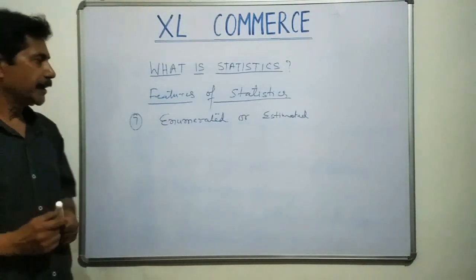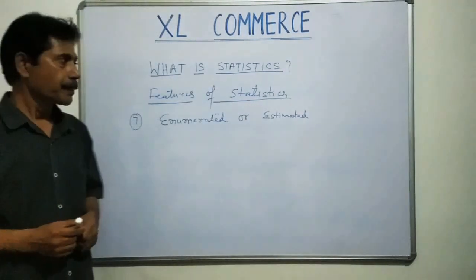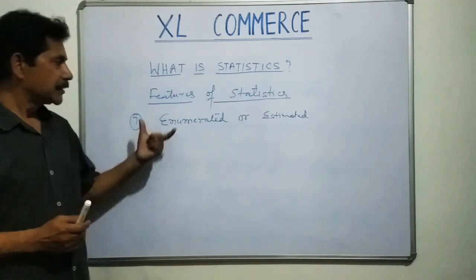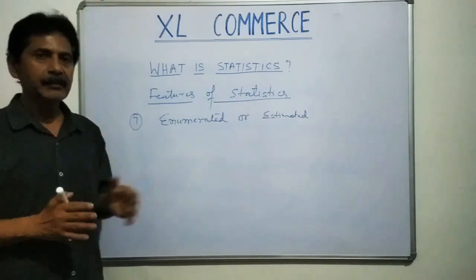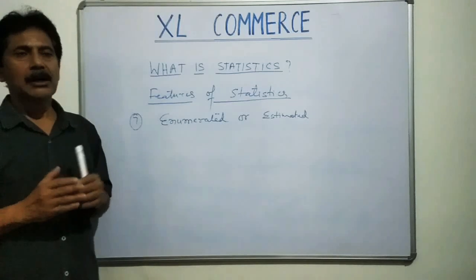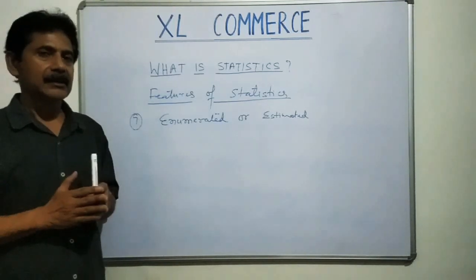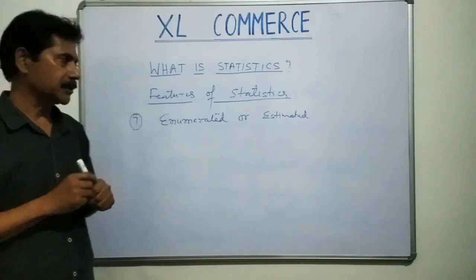And the seventh point is enumerated or estimated. That is the feature of statistics, that it is enumerated or estimated. It means, say for example, 2 lakh people attended the meeting addressed by the Prime Minister.